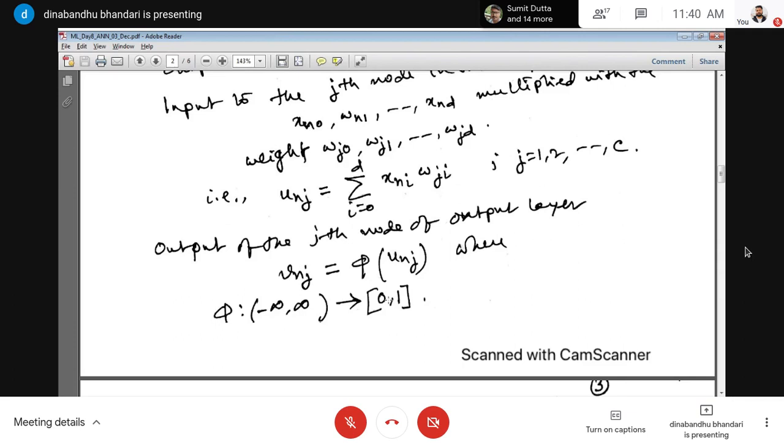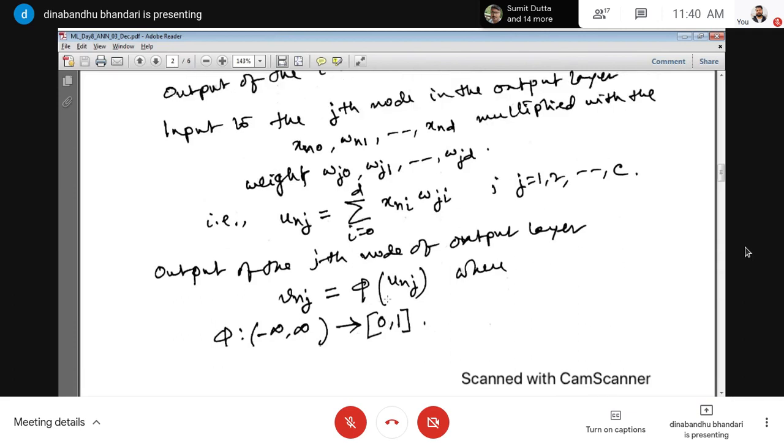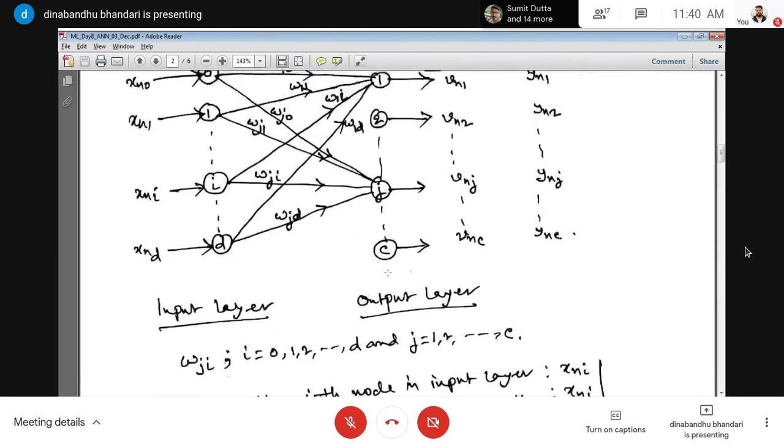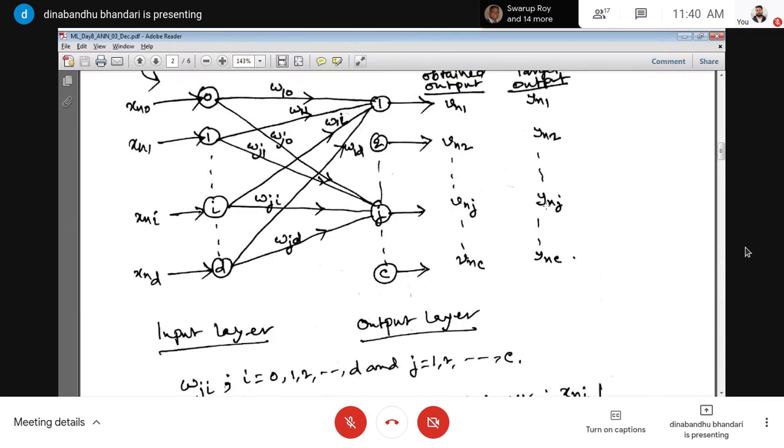One major reason, what I feel, is that we are going to compare the output with our expected or target output. What are these values? These values are either 0 or 1.